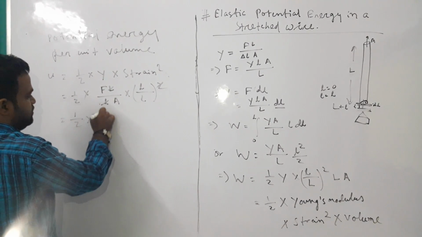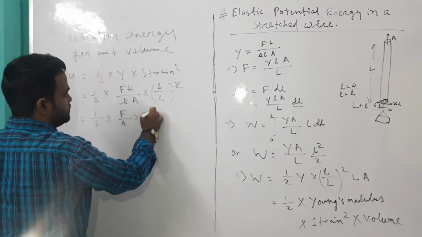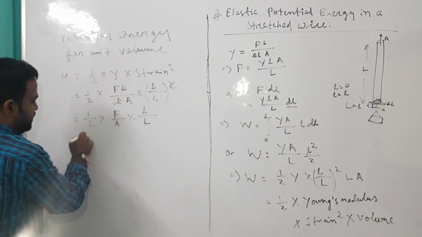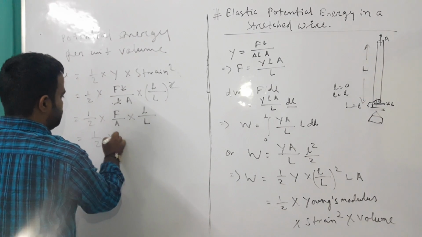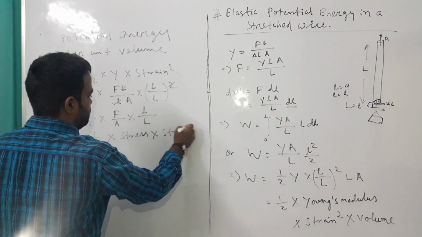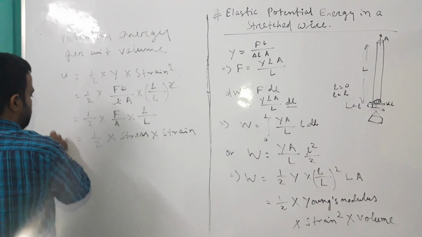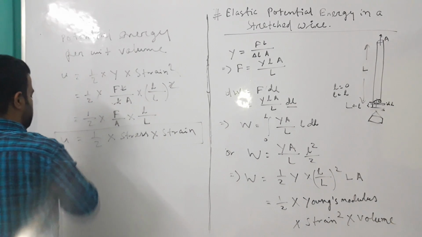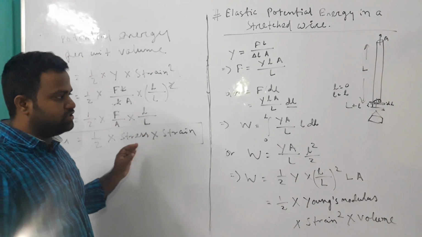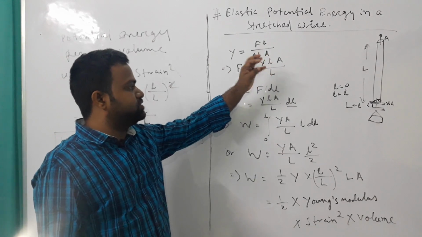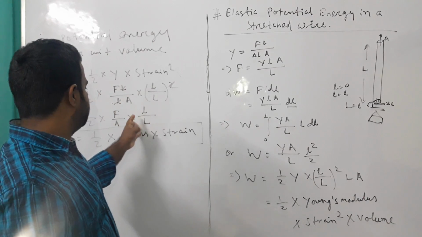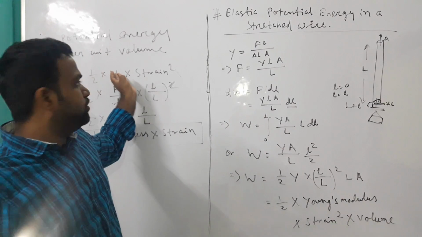So it remains F upon A into l upon L, that is, change in length upon L, which is strain. So I can write half into stress into strain. So the work done per unit volume of the material, or the potential energy stored in the stretched wire, is half into stress into strain, or half into Young's modulus into strain square.